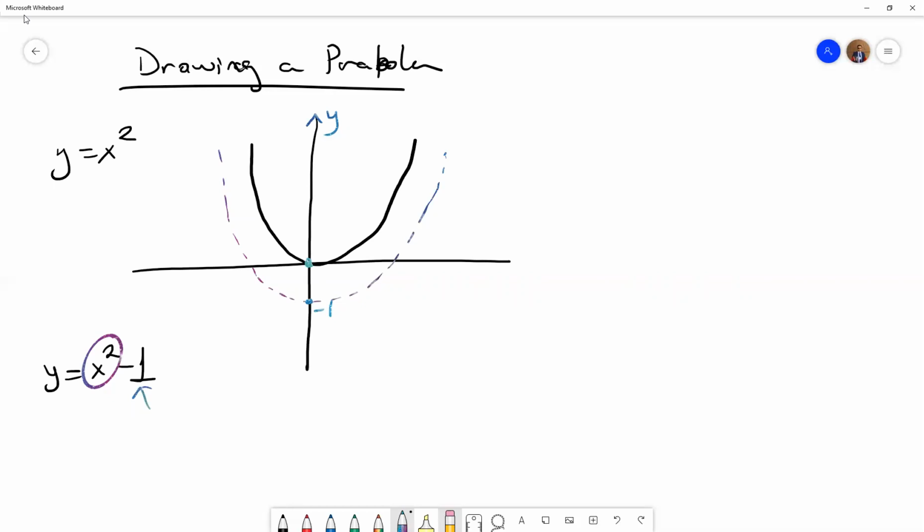So we are coming here like that, and if we have x squared plus 1 or plus 2, whatever, we are going on that line on y-axis, and we can find that. Let's say this one is x squared plus 1, and this is x squared plus 2. It's going like that.